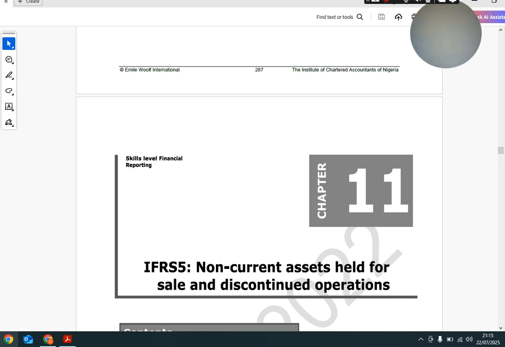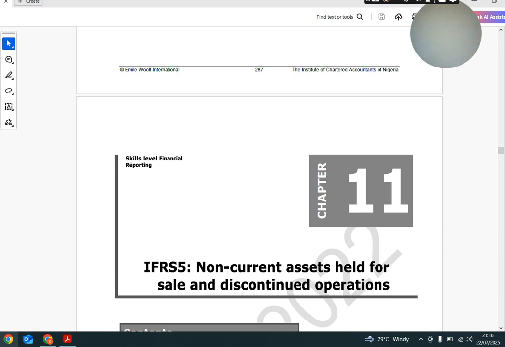IFRS 5, as I earlier said, covers asset held for sale and a unit or operation of the business that is no longer continuing, or part of the entity that is no longer a continuing operation.